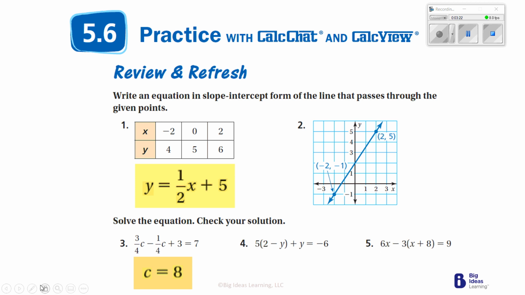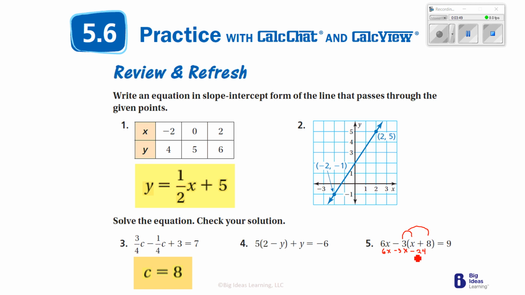All right, number 5. We're going to have to use the distributive property. If we distribute, we're going to have negative 3 times x and negative 3 times 8. This is going to turn this to 6x minus 3x minus 24, because negative 3 times x is a negative 3x.